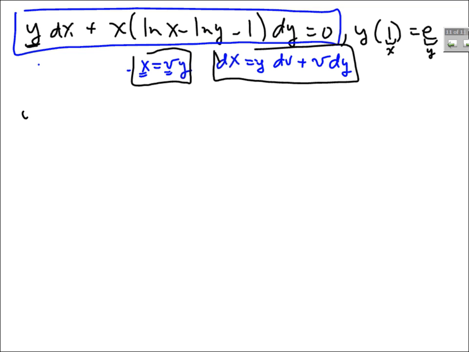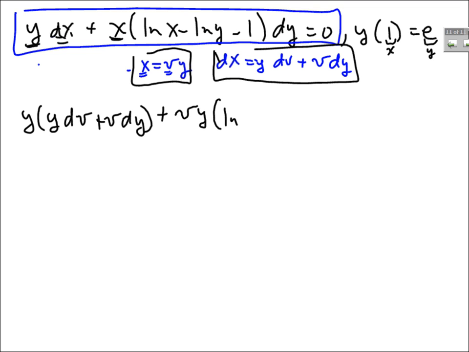So y is y. For dx it's y dv plus v dy, plus x, which is vy, times ln of x, but x is vy, minus ln of y, minus 1 times dy is 0.